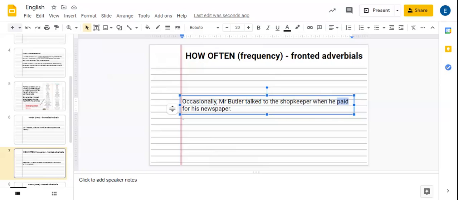Okay, so like paid is a verb as well, but it's quite obvious that occasionally Mr. Butler talked. So we know that occasionally is describing the talked verb, okay? So it's the first verb to follow the fronted adverbial. So occasionally is giving us more information about the first verb that you come to in the sentence, which is talked.